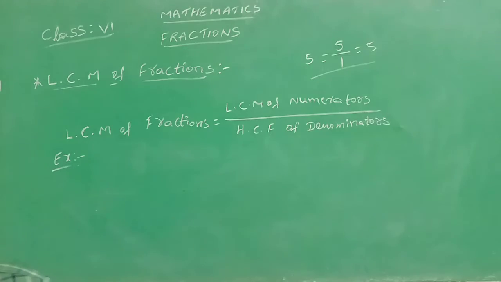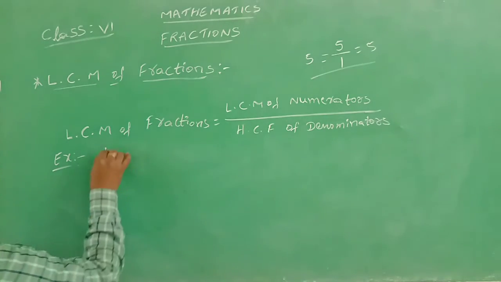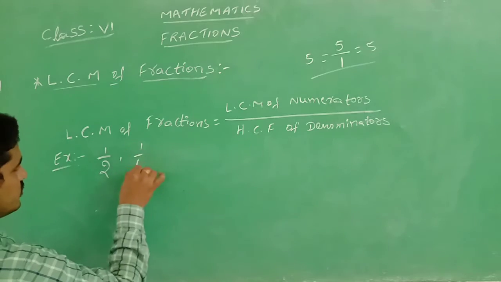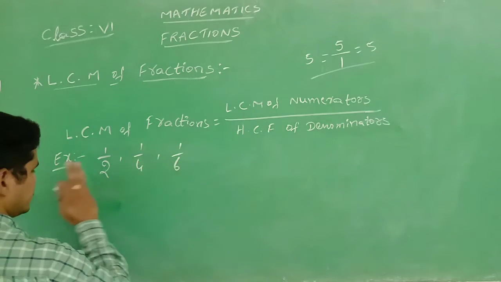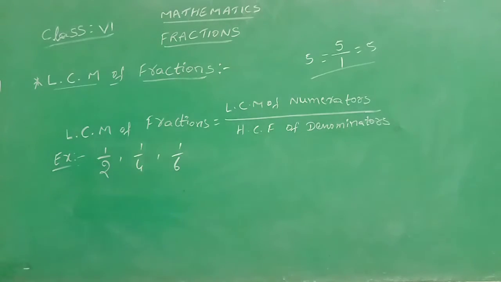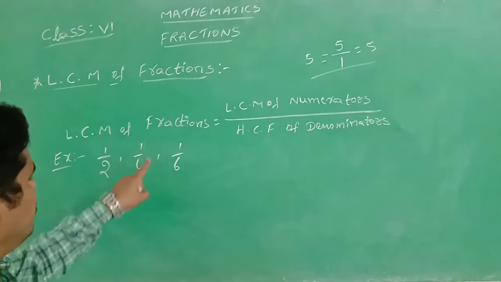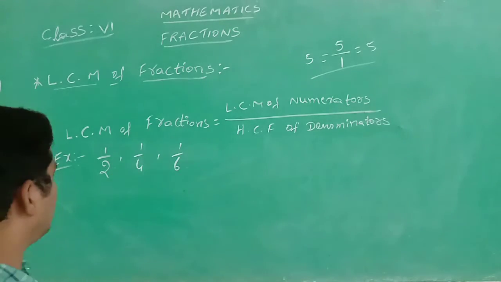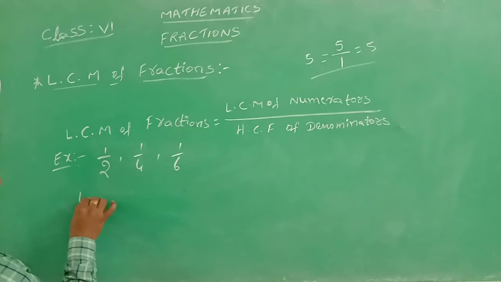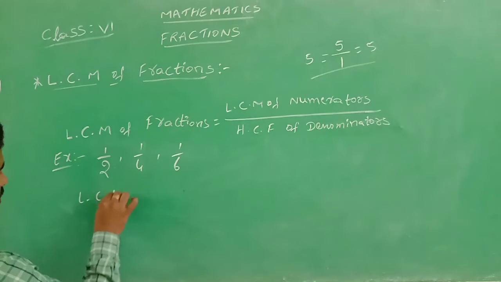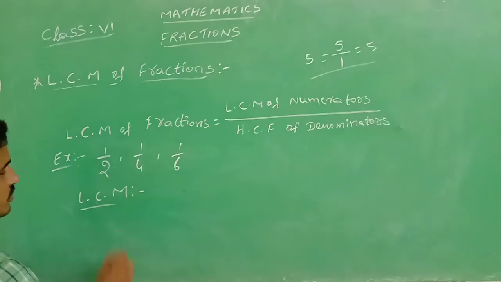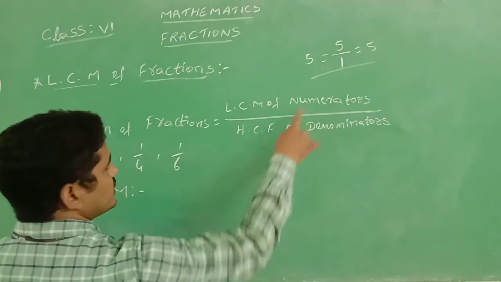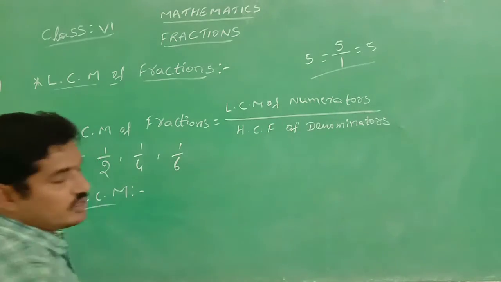Next, we are going to find out the LCM for the values 1 by 2, 1 by 4, and 1 by 6. We know the formula: LCM of numerators by HCF of denominators.